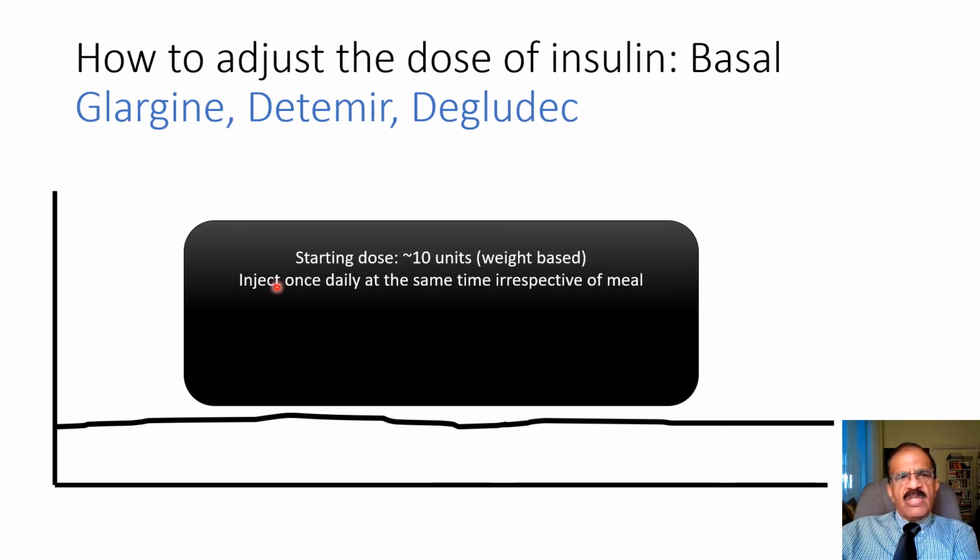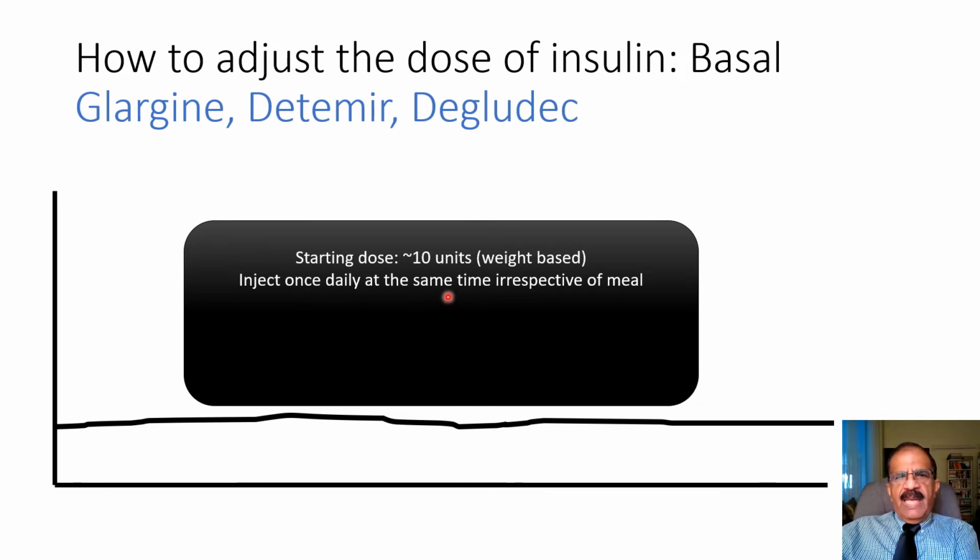Since they do not start lowering glucose immediately, they do not have to be taken with a meal, and can be taken anytime, whatever time is convenient to that patient. I normally prefer the patient to inject at night, but it can be taken in the morning also.